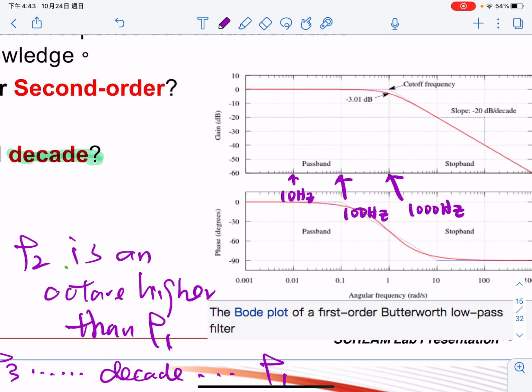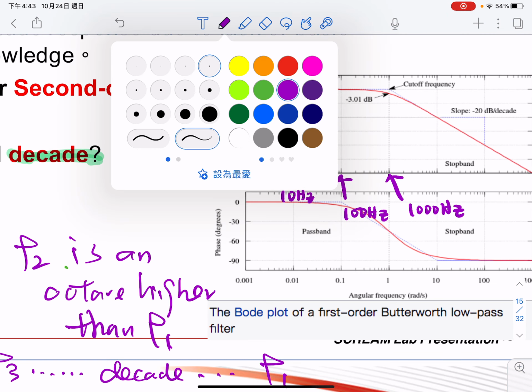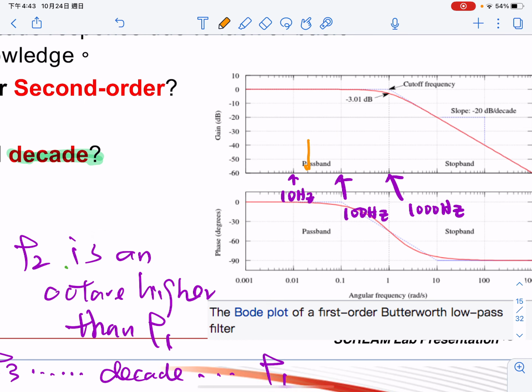And of course, 100 hertz is a decade higher than 10 hertz. And 1000 hertz is a decade higher than 100 hertz, and also 2 decades higher than 10 hertz. And because we take a base 10 log, here will be 20 hertz.